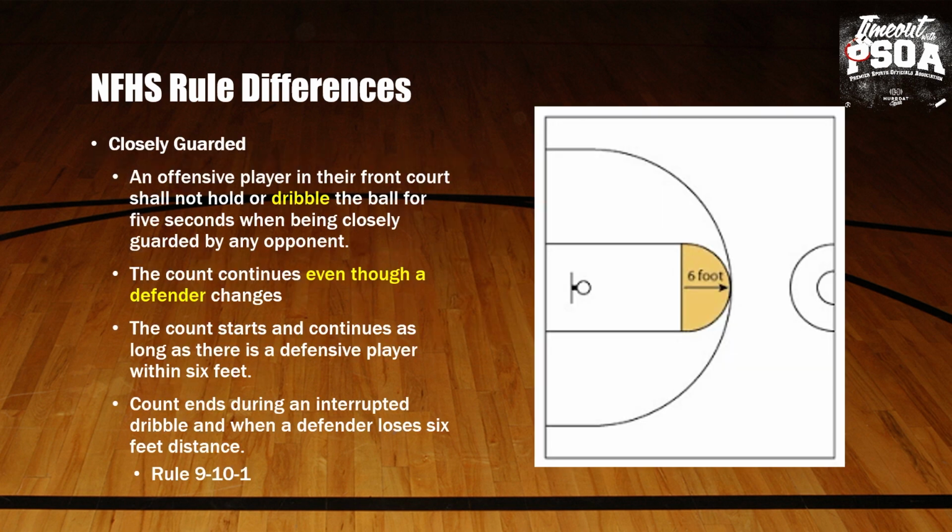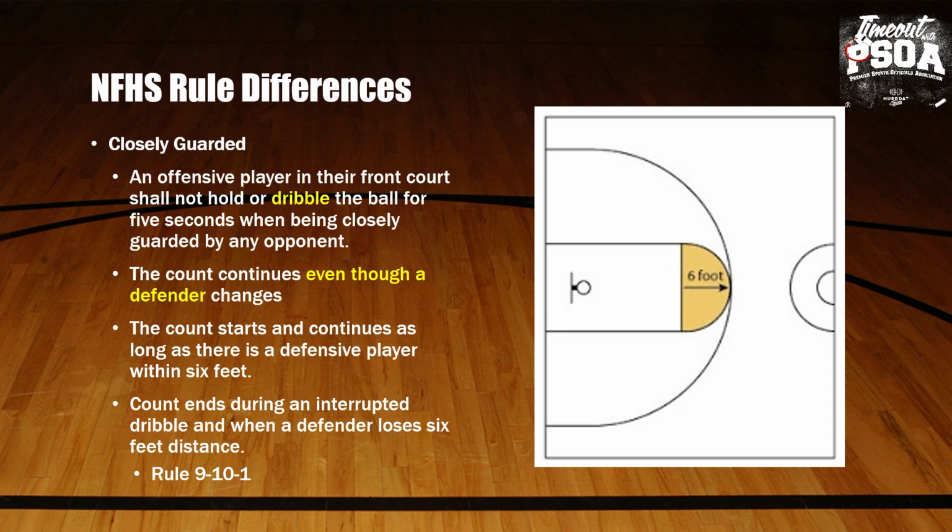Closely guarded. When an offensive player is in their front court and they're dribbling or holding the basketball, we should have a 5-second closely guarded count as long as they're within 6 feet, foot to foot. In college, it's only when they're holding it. In high school, it is also when they're dribbling it.